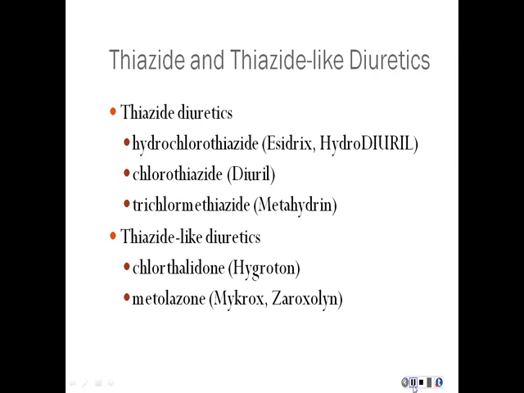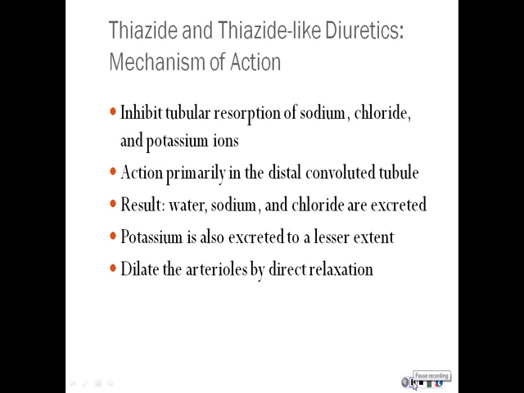The most common thiazide and thiazide-like diuretics out there that we see quite a bit of are hydrochlorothiazide, also known as HCTZ. And this medication comes in numerous combination products with other antihypertensive drugs that you will see out there on the market, or they're a part of different types of drugs.